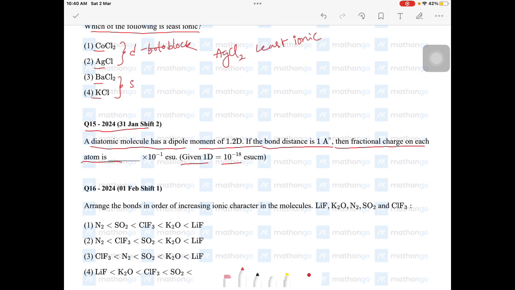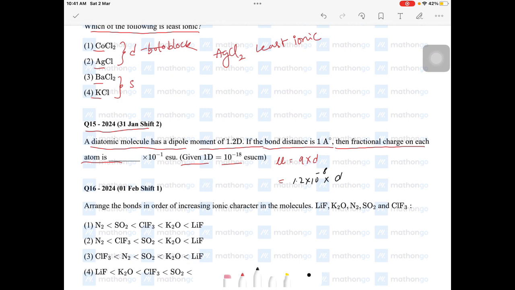So now dipole moment mu is equal to q into distance. They gave 1.2 D, but in esu it is 1.2 into 10 to the power of minus 18. Distance we are going to find, d. For fractional charge, first find distance, then we can get fractional charge.